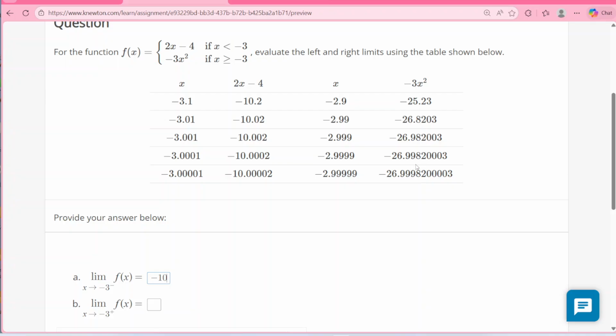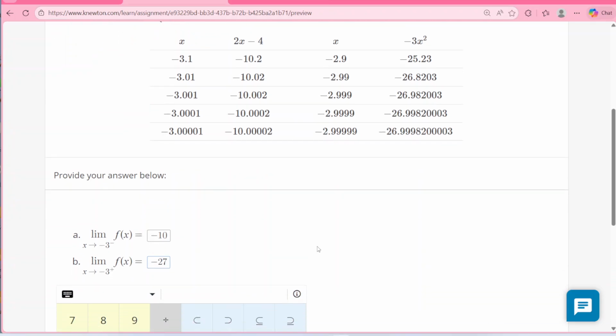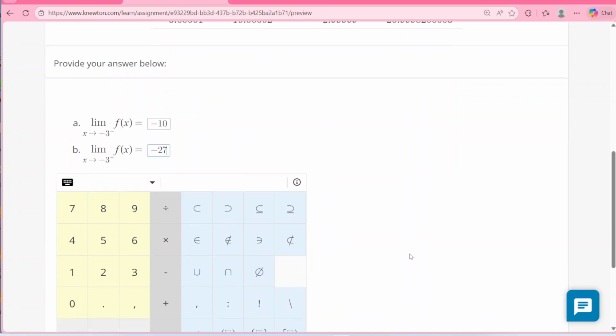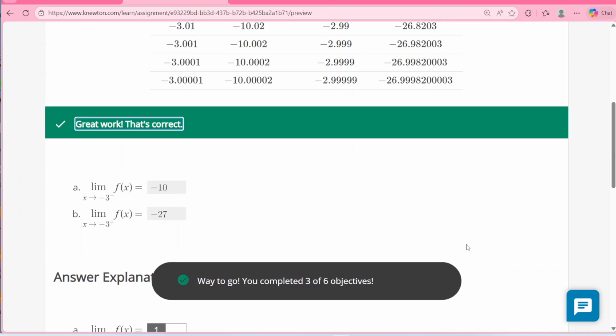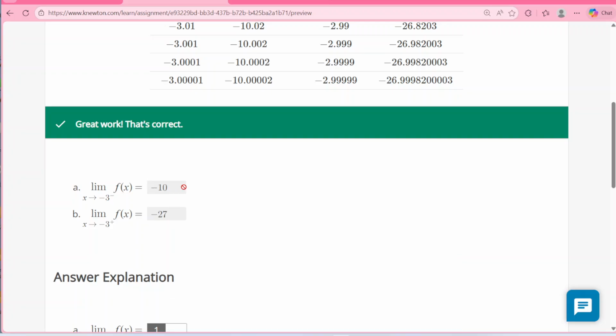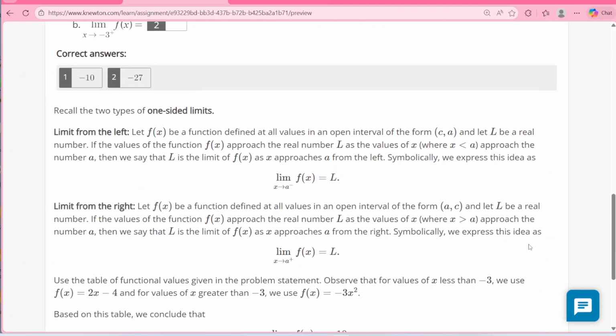So it's looking as though the output is approaching negative 27, right? It's getting really close to negative 27, so that's my limit. And again, you can make a graph like I did earlier and see the locations that they're approaching, but I'm hoping it's obvious from the tables. Great. And if they had the two-sided limit there, it would not exist, right? It's going to one location on the left and a totally different location on the right.